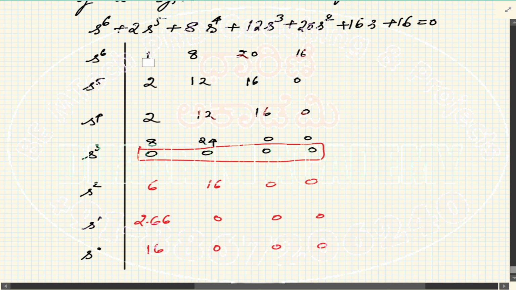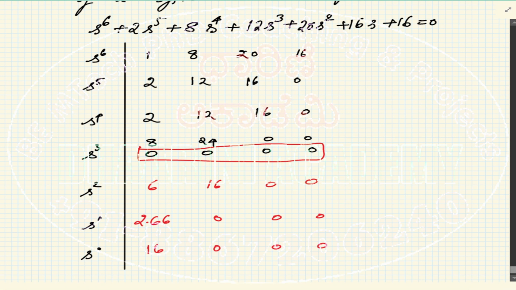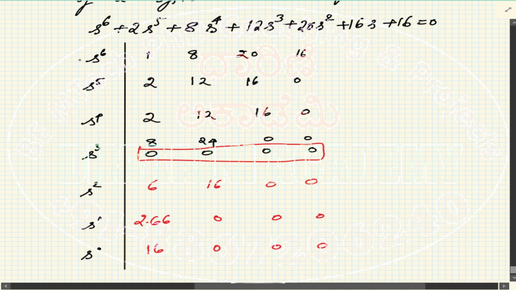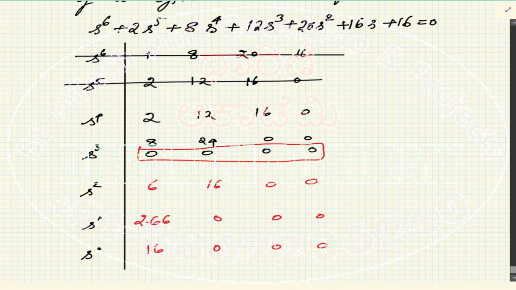So six roots cannot be present. If at all a root is present on the y-axis, its conjugate should also exist. Six is ruled out. Five is ruled out because it does not satisfy the complex conjugate property.